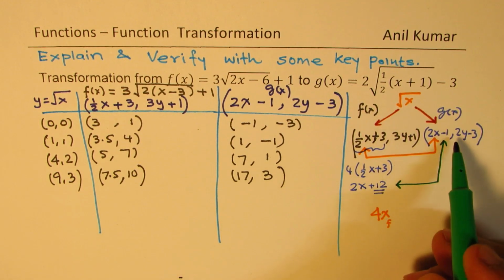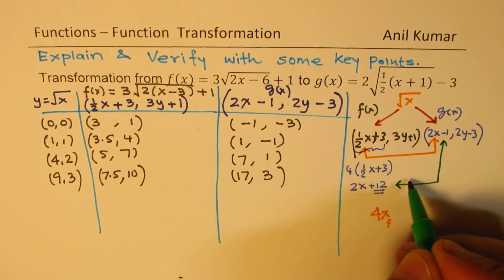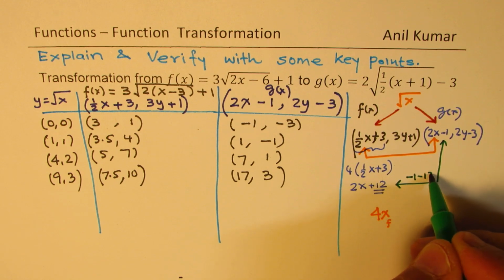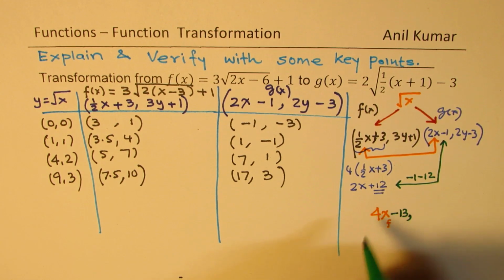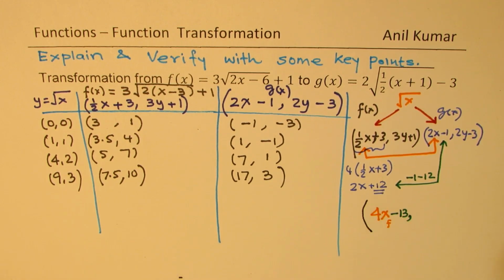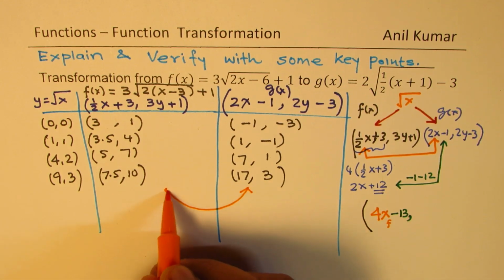So how are they related? So the translation here is minus 1 minus 12, which is minus 13. Do you see that? So that is how the transformation takes if you are trying to do the transformation from f of x to g of x.